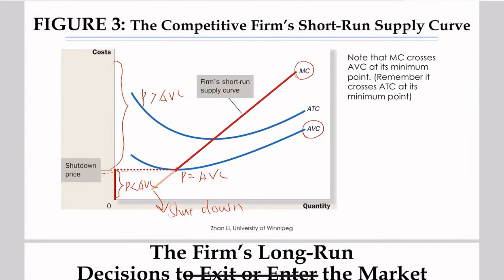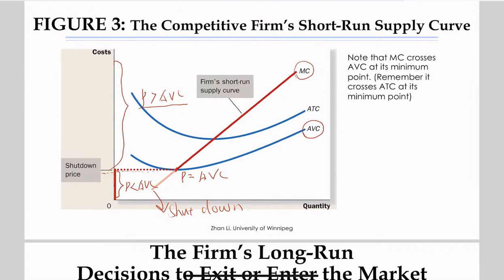It basically means that if price is below this shutdown price, then the firm will only produce zero quantity. So the supply curve is given by this red vertical line here. And then if price rises above this AVC curve, then the firm will produce a positive amount.